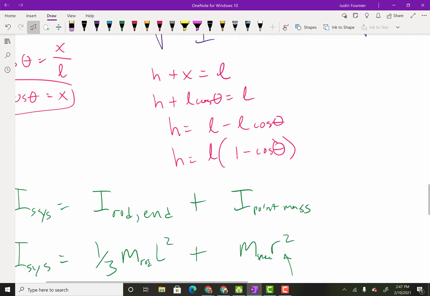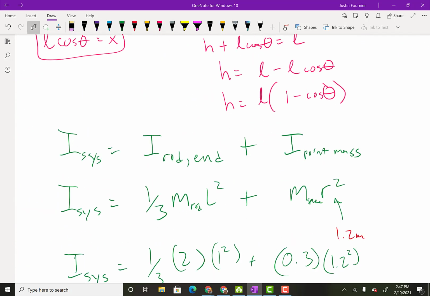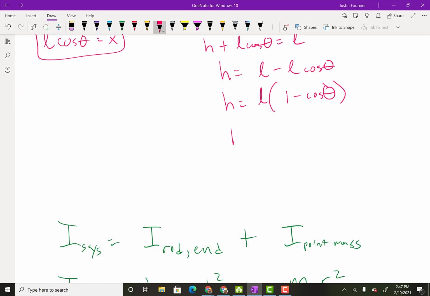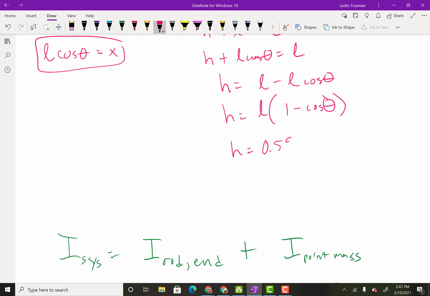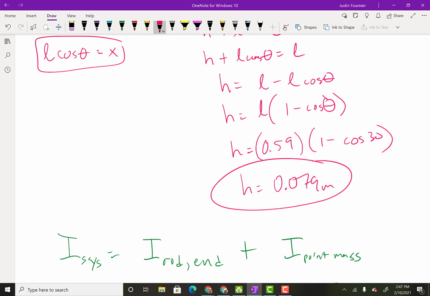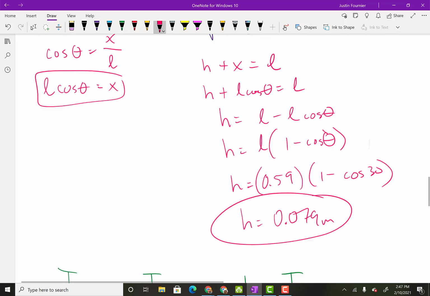And now I can just plug in everything here to find out what h is. So h is equal to L, which I said was 0.59, times 1 minus cosine of 30. So h then has to equal about 0.079.